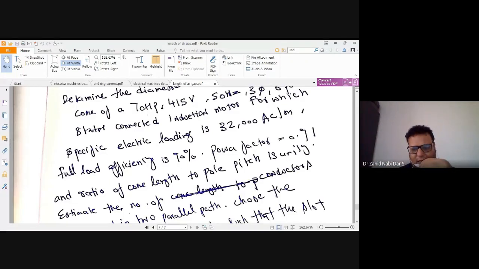So I'll be solving this problem now. I had already shared one link with you, one PDF file. I think from that PDF file only I felt this problem to be good, and I have taken it from there. I'm just checking whether this problem is taken from that book.